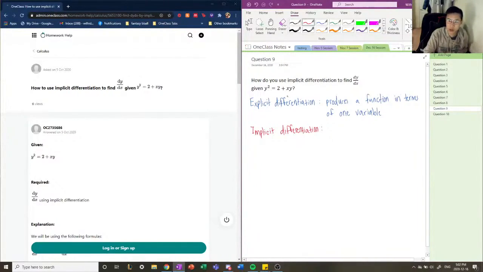So it's a function of the independent variable x and also a function of itself, right? So implicit differentiation produces a derivative in terms of multiple variables, in this case 2.